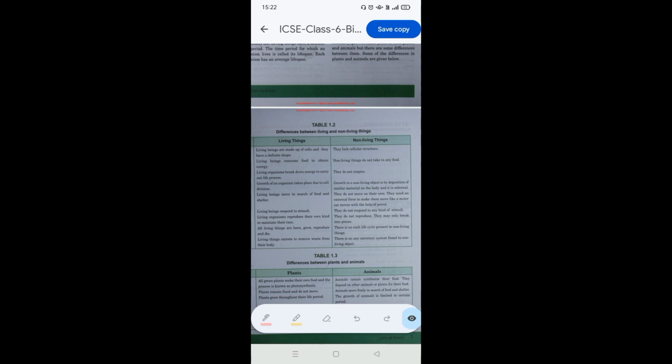Living organisms break down food to release energy to carry on life process, that is they respire, whereas non-living things do not respire. Growth of an organism takes place due to cell division in case of living things, whereas growth in a non-living object occurs due to deposition of material in the body and it is external, whereas in case of living things it is internal.